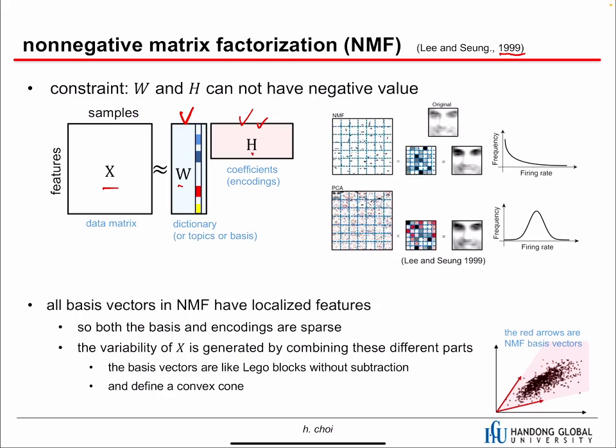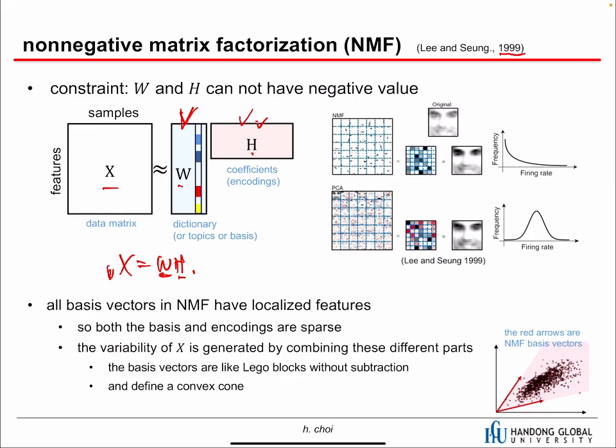So PCA is something like x is wh, where w is eigenvectors and h is the coefficients. In ICA, w is independent basis vectors, and we have the coefficients. And in NMF, we have a basis and the coefficients. Basically, it's the same kind of equation, but they have different objective functions and different constraints.